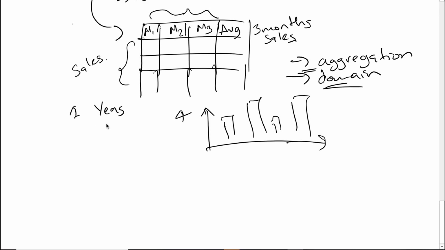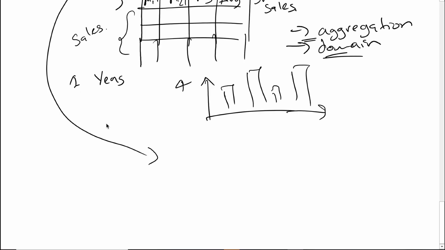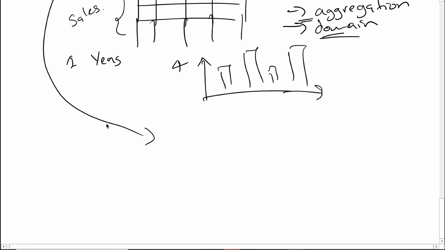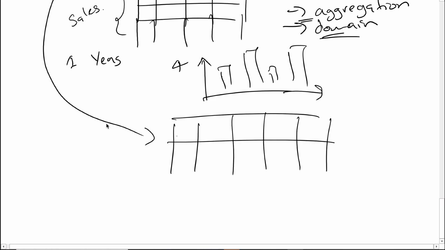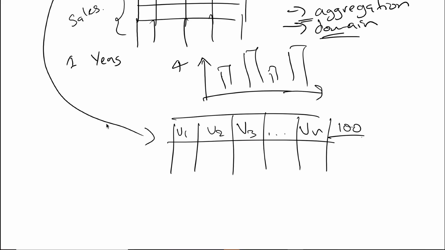Now, the second thing we look at is feature extraction. Let's say I have variable 1, variable 2, variable 3, dot dot dot, variable n. Let's say I have n variables in a data set. Consider this, let's say I have 100 variables. Now I cannot model all those 100 variables in the data set. Well, I can, depending on what type of algorithm I'm using.